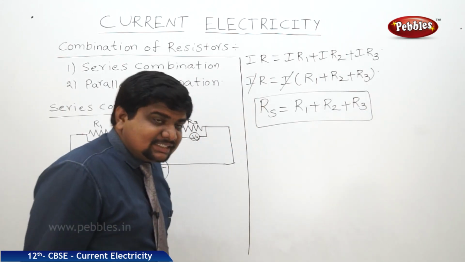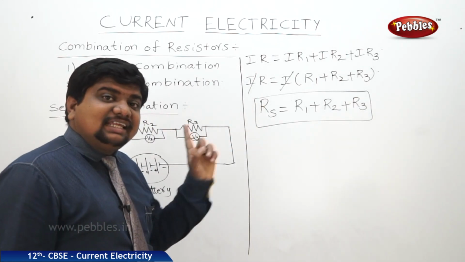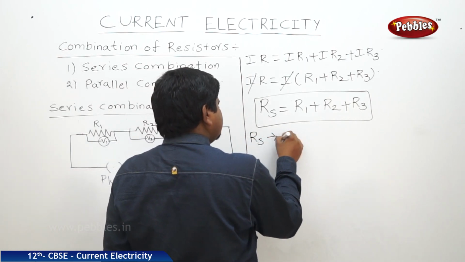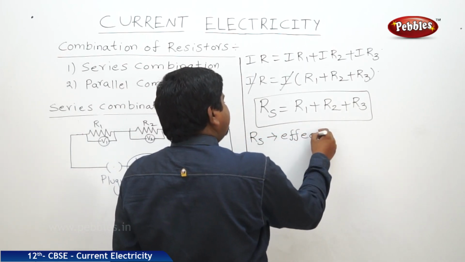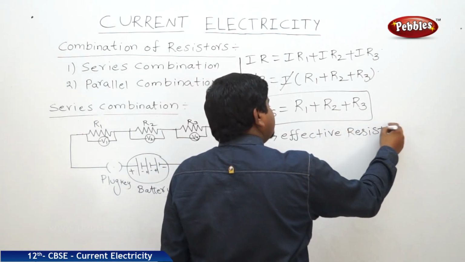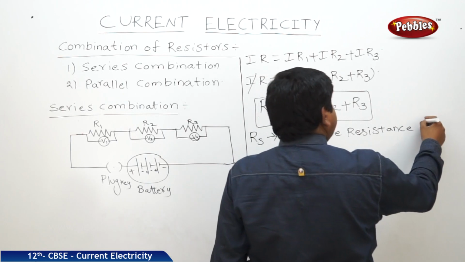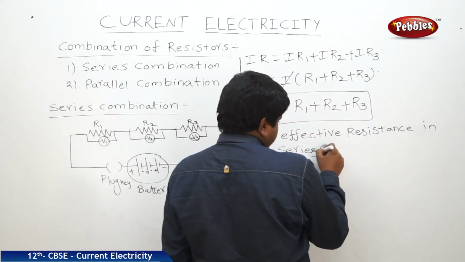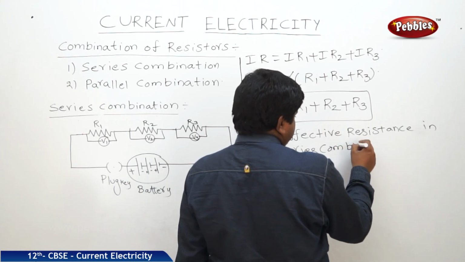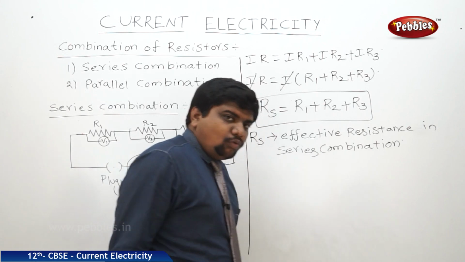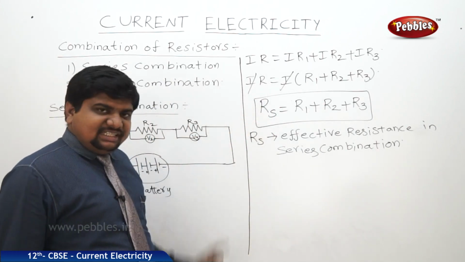What is this Rs? Effective resistance in the series combination. What is the conclusion by this experiment?